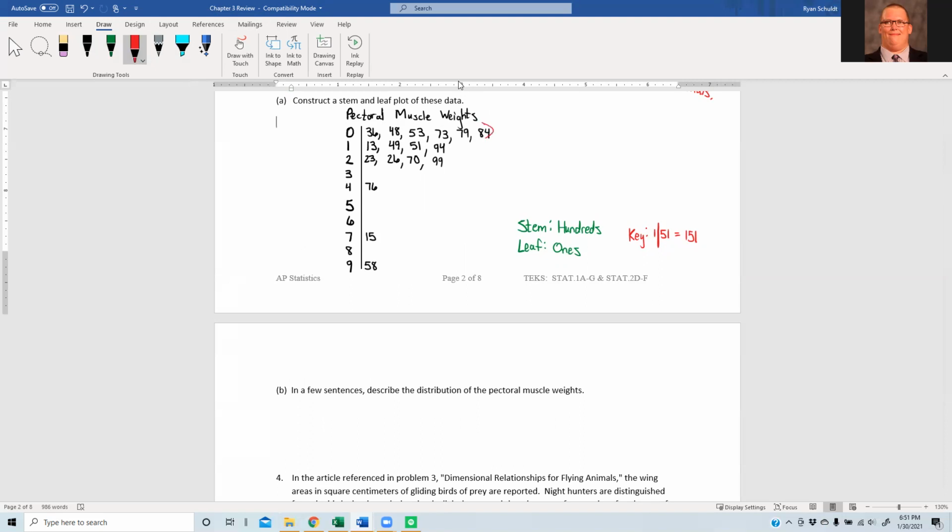It almost goes up, and then we plane out. What kind of skew is that? If you turn your head sideways, the tail would be on the right. So our data is right skewed, which we also said is called positively skewed. So let's put that here in a few sentences.